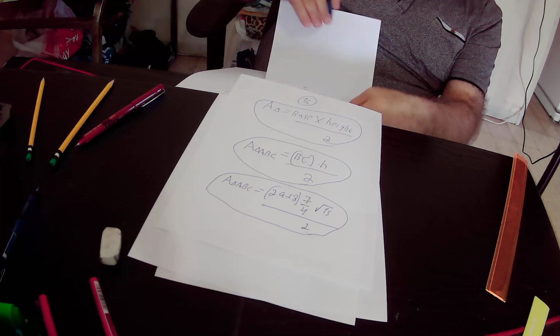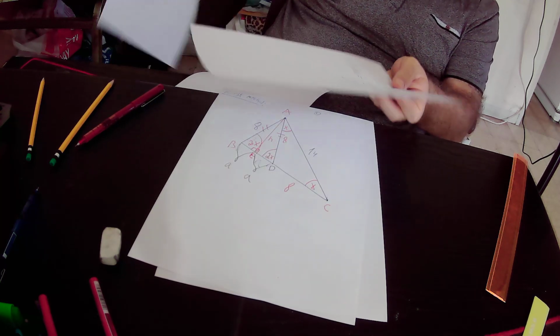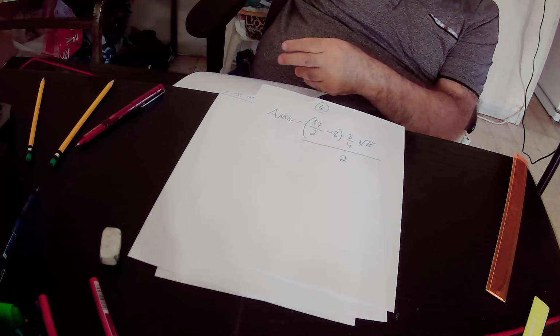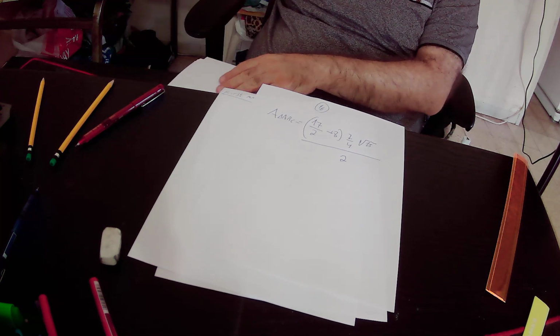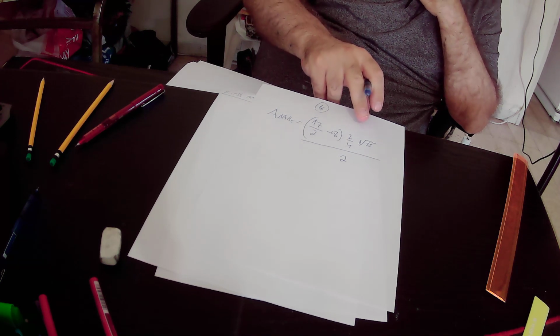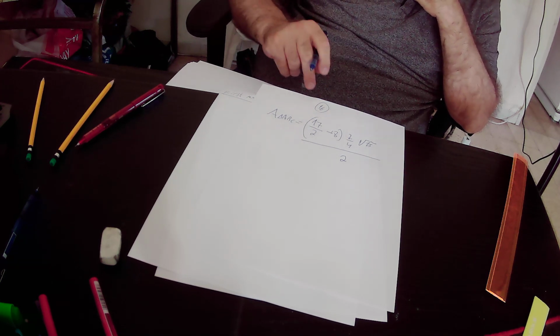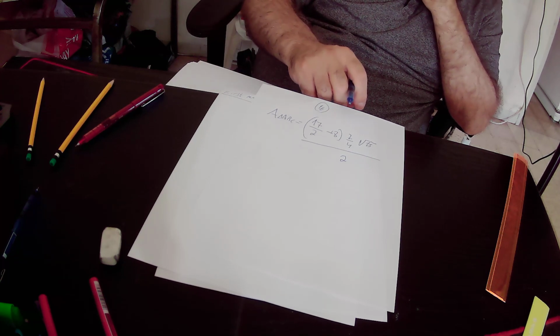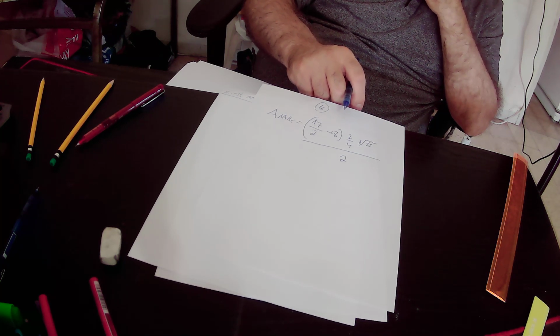So in total we got that the area of triangle ABC equals 17 over 2 plus 8 times 7 over 4 times root 15 over 2. Here we will add 8, which equals 16 over 2. So we write it down.